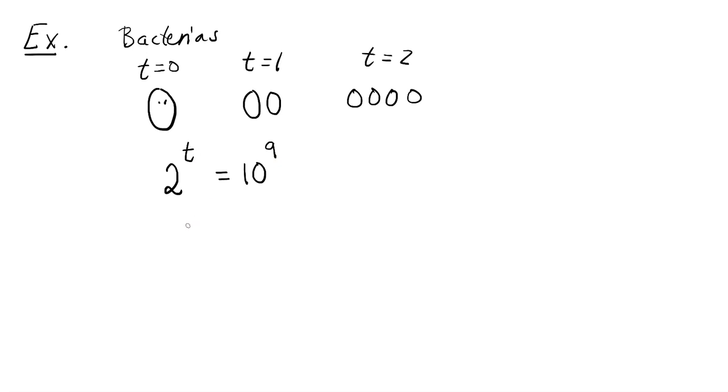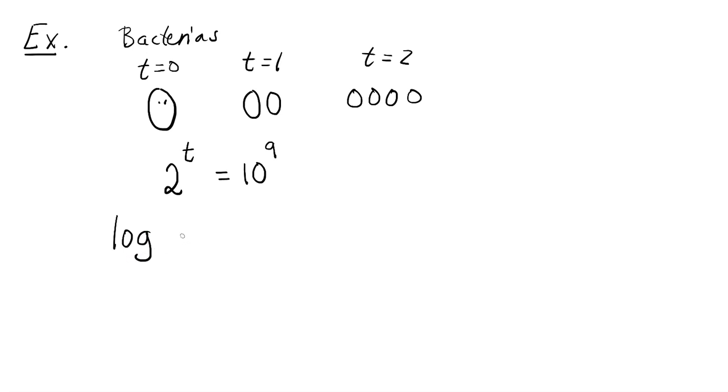So how many hours? We can use a logarithm for that, for example. Now, if you are seeking a number t that makes both of these sides equal, let's assume that we have found this t that makes them both equal. Then we can use the logarithm on both sides.